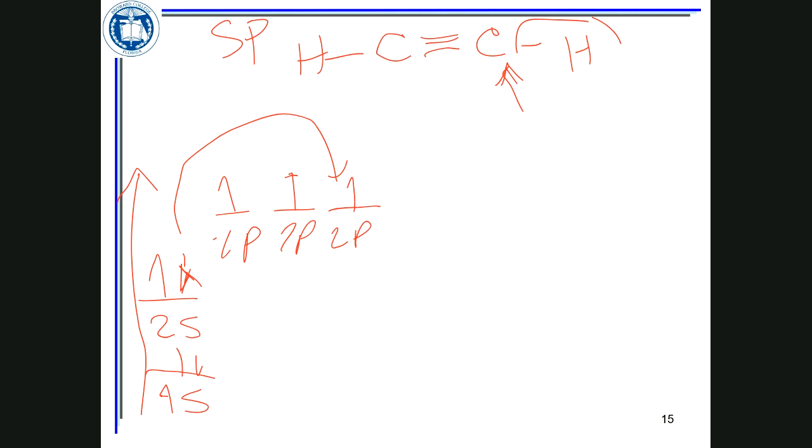That means your hybridization is sp, because that is 180 degrees. So what does sp mean? It means the 1 s orbital and 1 p orbital are going to hybridize.